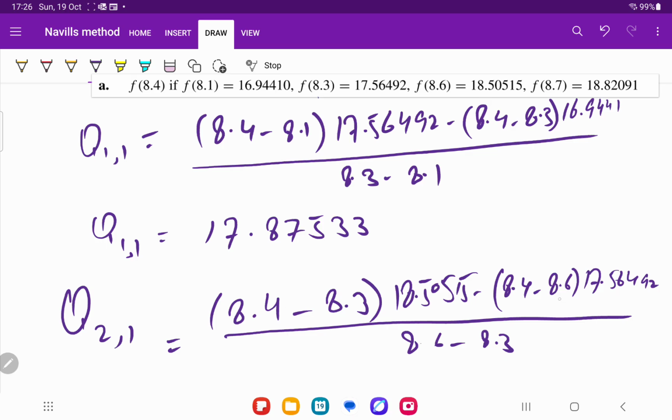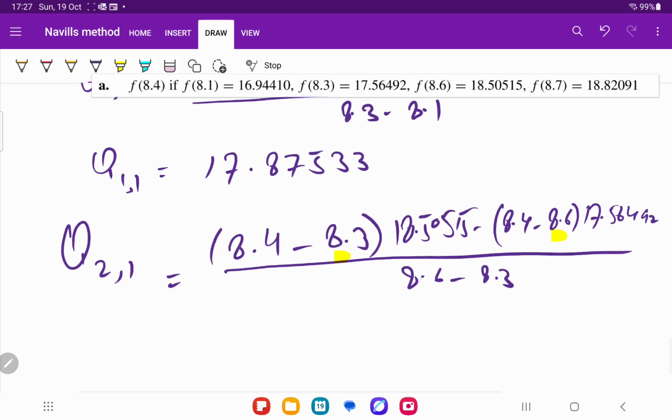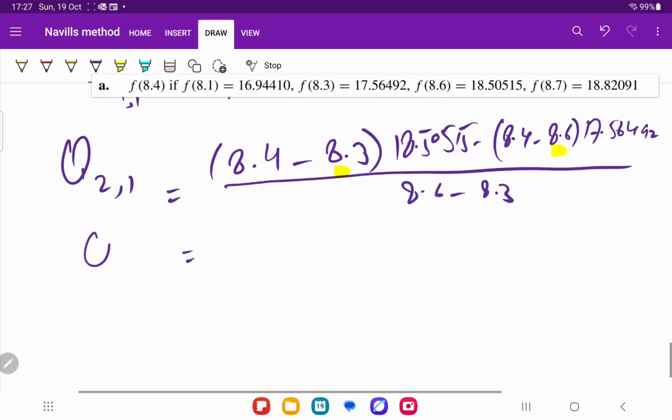So this is 8.6 and this is 8.3. What is Q21?